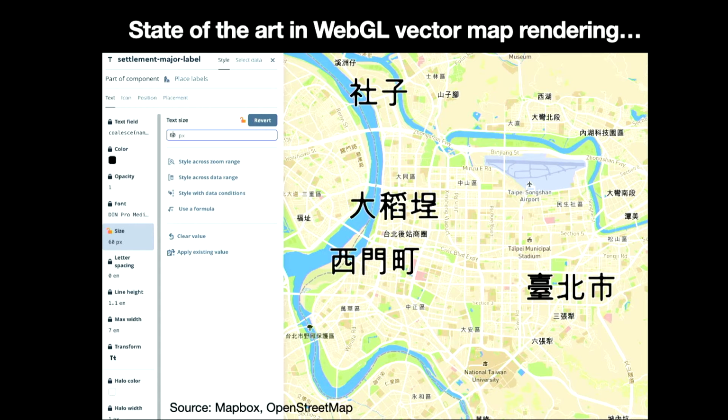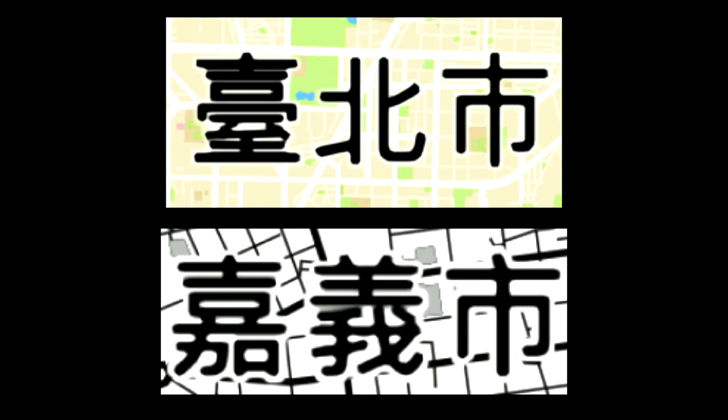This font is, I think, called a Hei font, a sans serif font, but it will always become round when you make it big. So here's a closer look. It's not very pleasing to the eye, because even if you choose a Hei font that has sharp corners, it will always become this way.